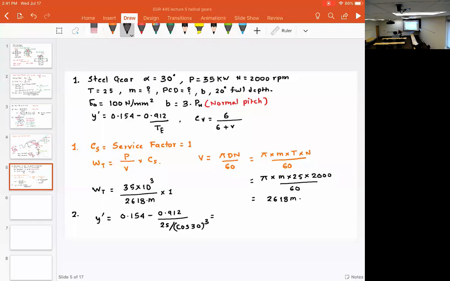So tell me the value of y prime, because the number of teeth is 25, but in Lewis's equation you have to use 25 divided by cosine 30 cube.